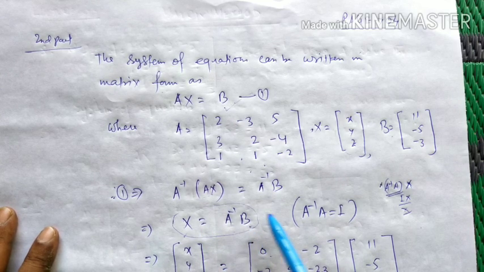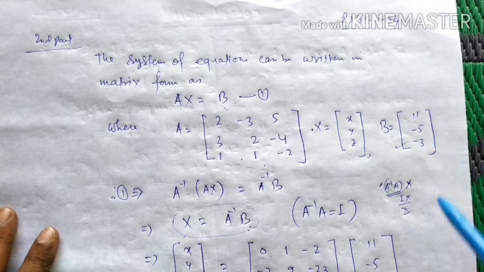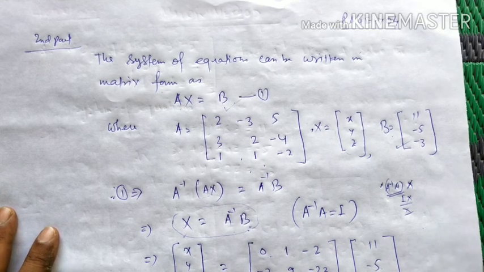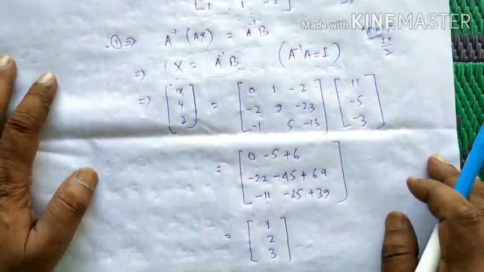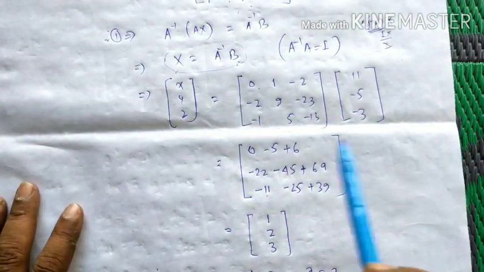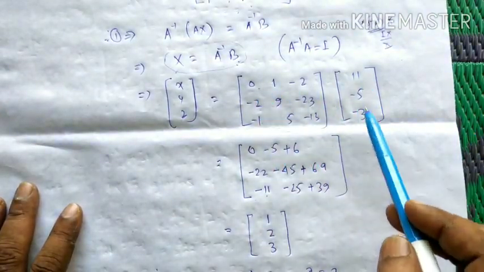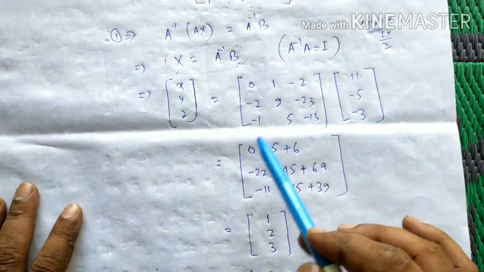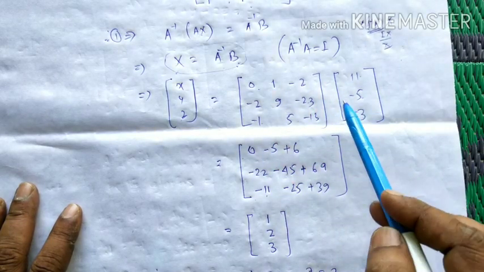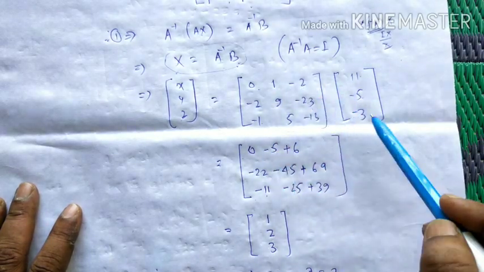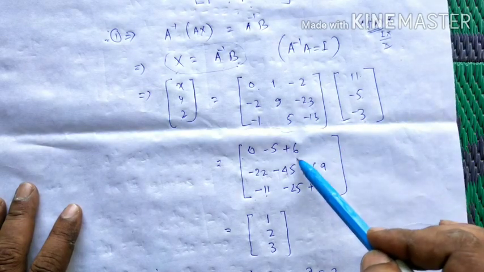x means x, y, z. A inverse we have already got, and B is from this particular system of equations. And finally, if you multiply this, what will you get? First row, first column: 0 into 11 is 0, 1 into minus 5 is minus 5, minus 2 into minus 3 is 6, all plus.